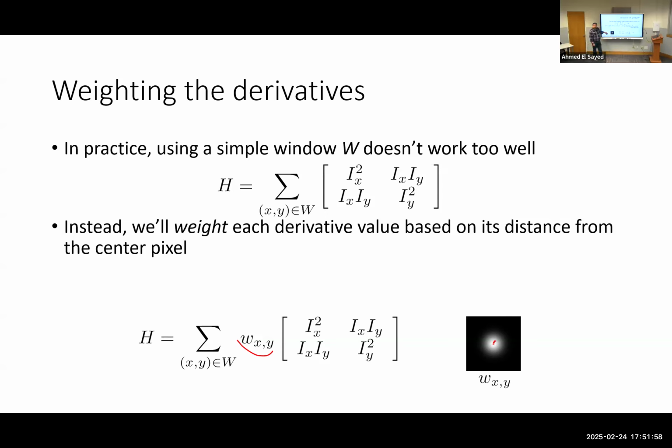Does this look familiar to you? Yes. This is a Gaussian filter. It gives high priority to the middle, lower to the values around it. Okay? So this is the main concept of the Gaussian.